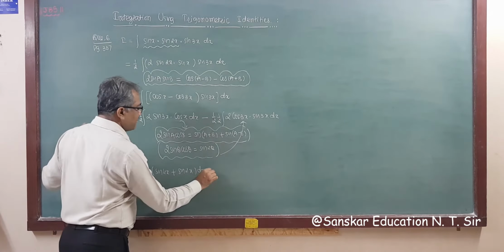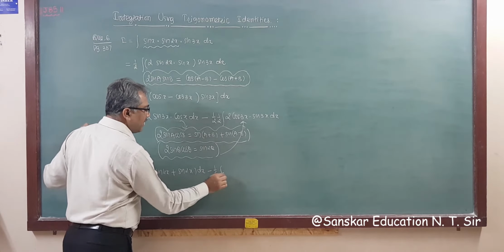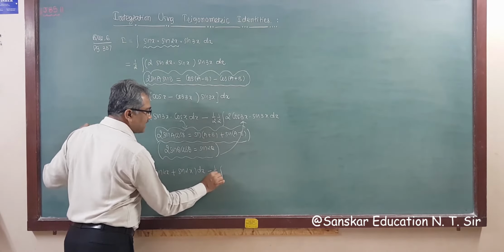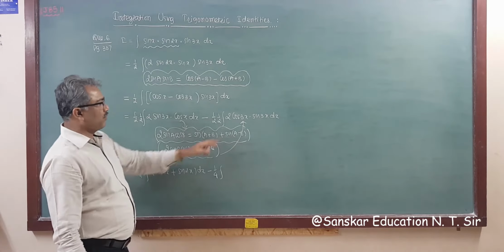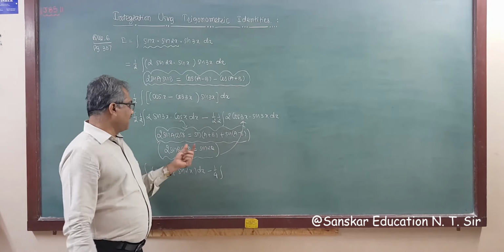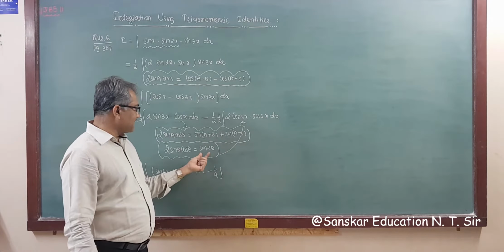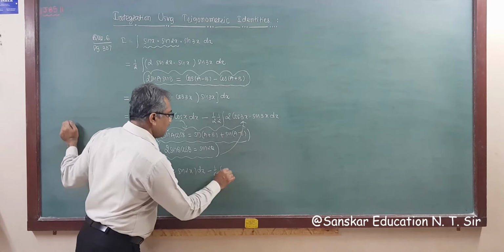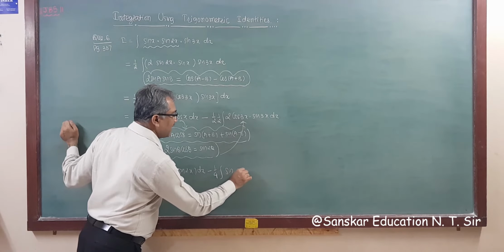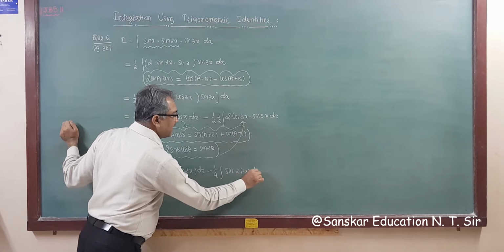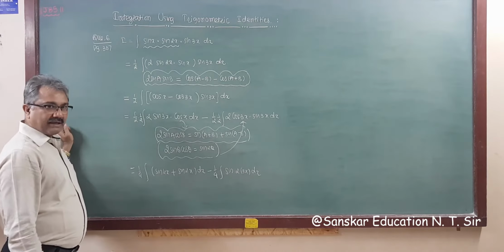And again this is minus 1 upon 4 integration of 2 cos a sin b, that is 2 sin theta cos theta, the same as 2 cos theta sin theta. The answer is sin 2 theta, so sin 6x dx, right?